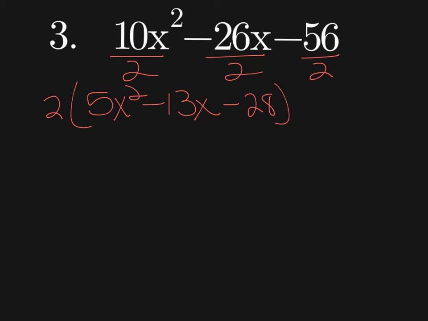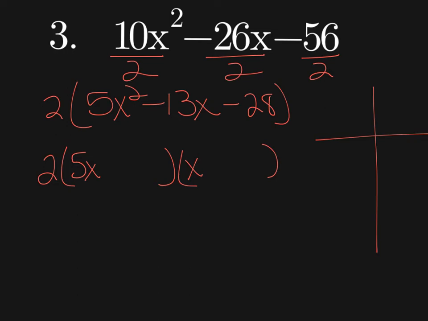All right, so it's a trinomial, so I'm going to split it up. I'm going to bring down my 5x and my x. And our table, a times c and b. So 5 times negative 28 is negative 140. And then my b term is negative 13.